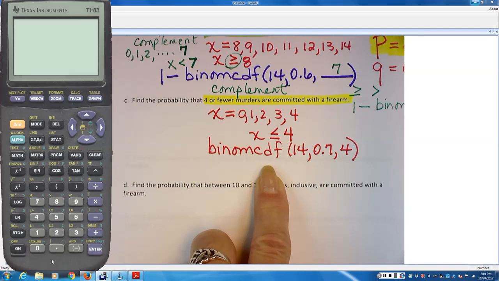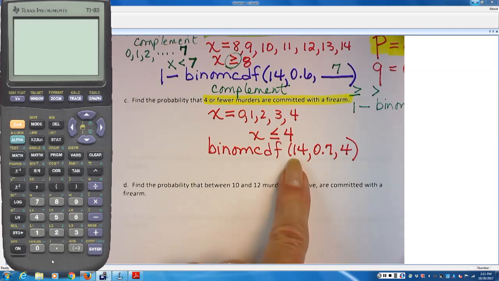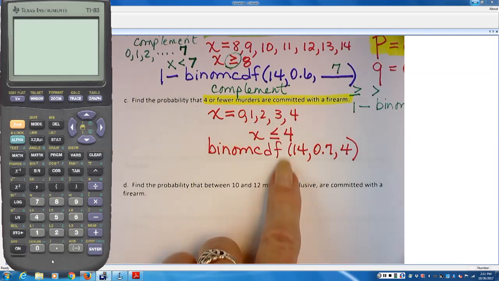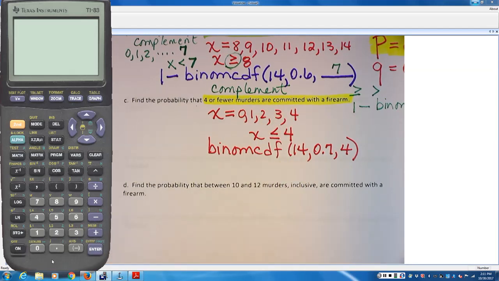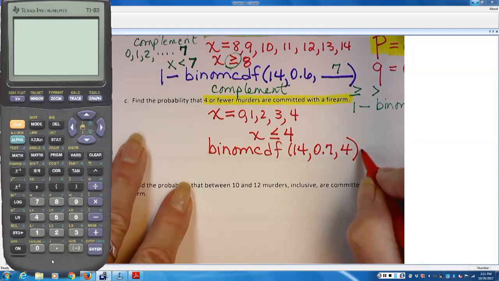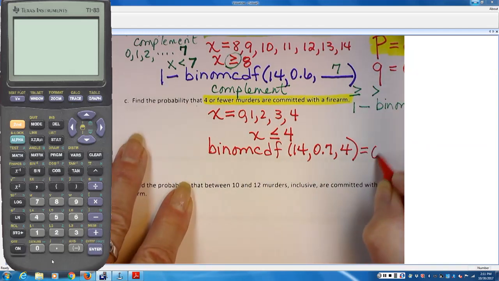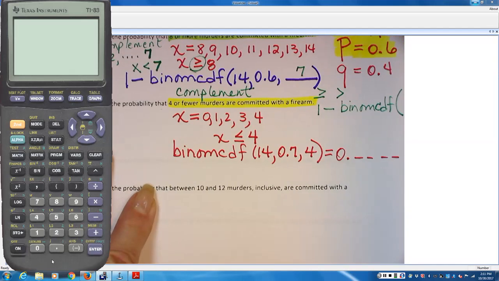Do we have to write out the final too? Yes. Because that way I know what you put in. I need to see enough of this to know how you did this. So let's say this was a problem on a test, and you put down the answer.